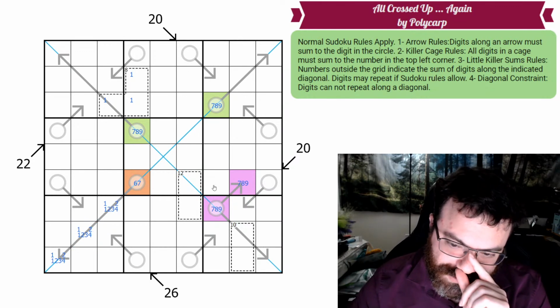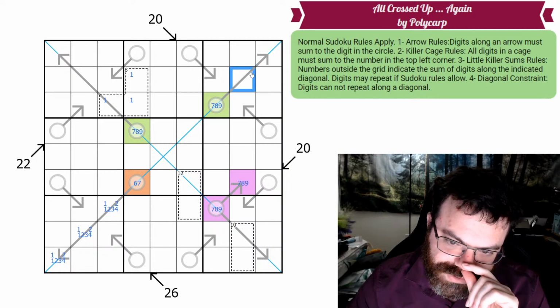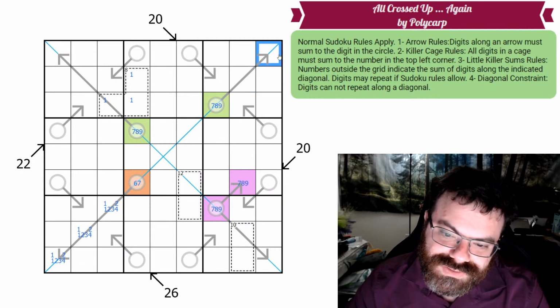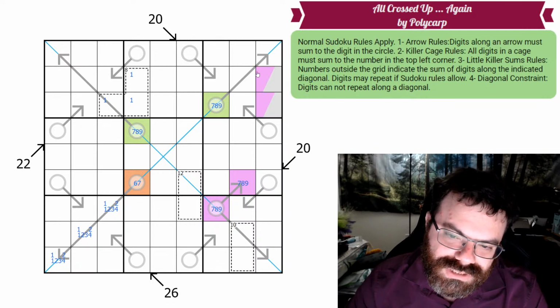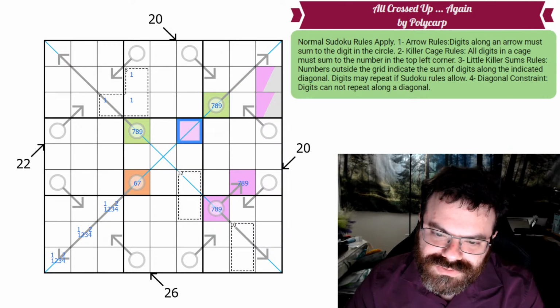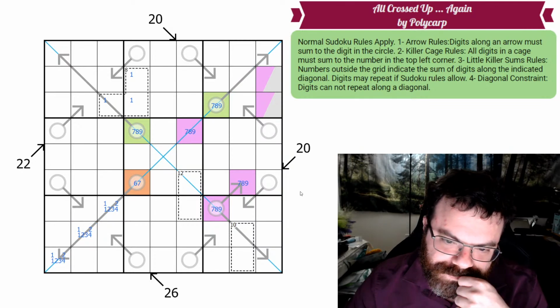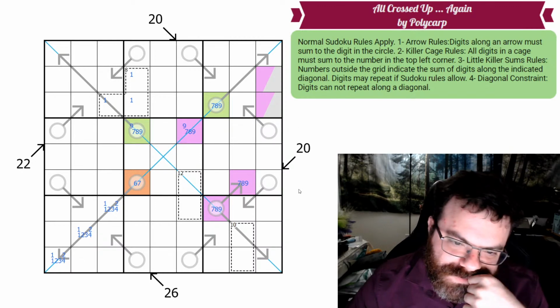I see. If purple were on green's arrow, it would have to be with a 1 or a 2. So it can't be. So purple's not here. So purple's one of these two. Which means purple's not here, or here, and purple's not in the center. So this one's purple. So one of these two is a 9.